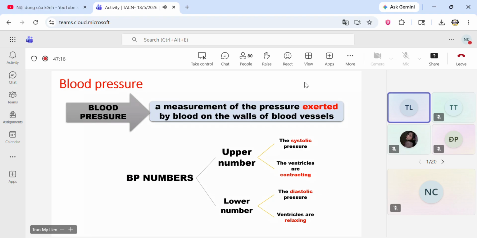Some other medical terms involve the cardiovascular system, blood pressure. A measurement of pressure directed by blood on the walls of blood vessels.